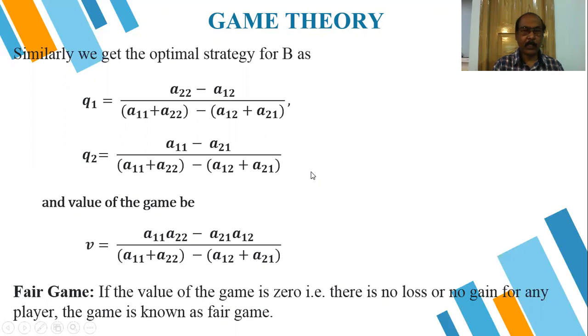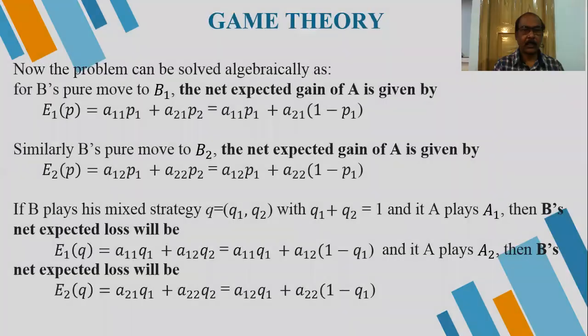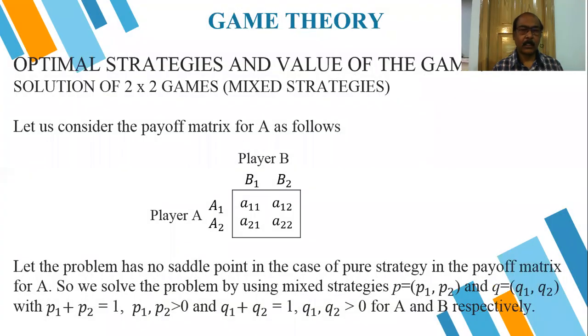And how to remember the formula? When we are finding P1, block it: A22 minus A21 divided by A11 plus A22 minus (A21 plus A12), or we can write A12 plus A21.